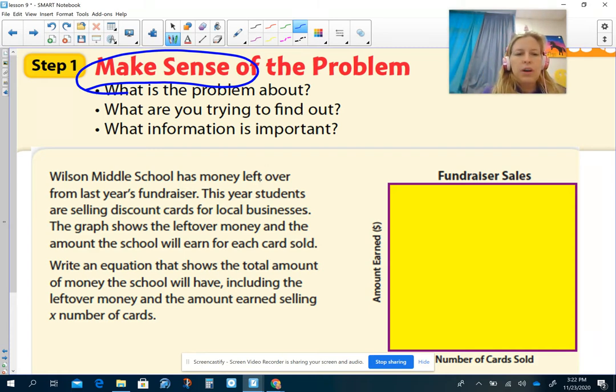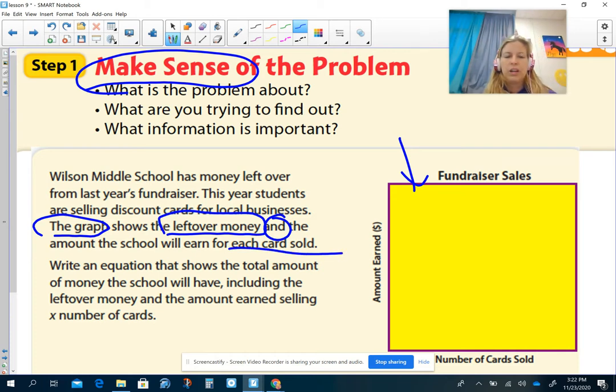So Wilson Middle School has money left over from last year's fundraiser. This year, the students are selling discount cards. So the graph, I know what's behind this box. I bet it's a graph. It shows leftover money and the amount the school will earn for each card. Do I know how much money each card is?